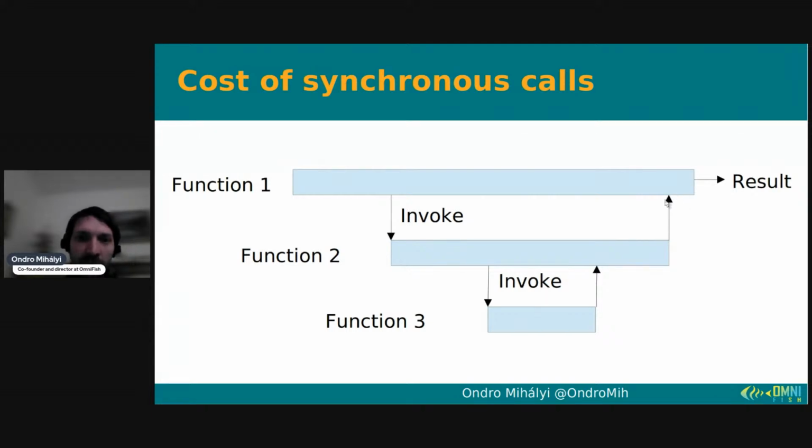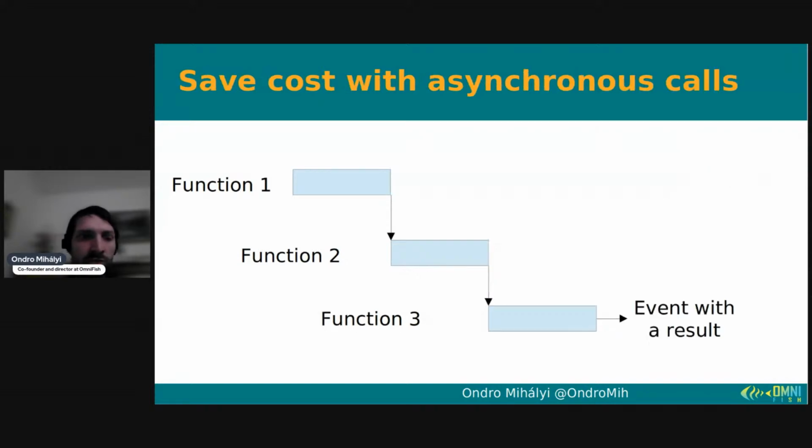But if you can, I recommend separating these function calls into two steps. One is to invoke the HTTP request and return a quick response, and then the client can either poll for a result or use a WebSocket or something to retrieve the actual result at the end.